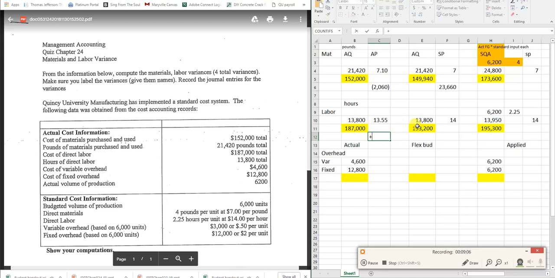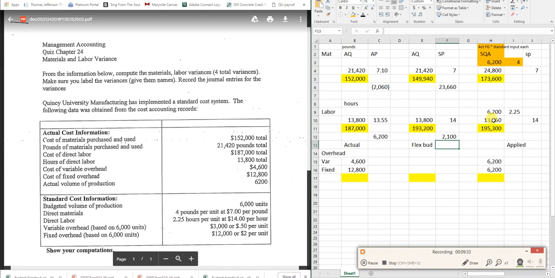My variances are 6,200 favorable because I spent less for labor than I should have spent, and my labor efficiency variance is also favorable because this is what I should have spent making what I did, and this is what I did spend making what I did.